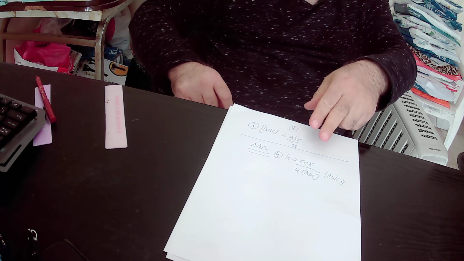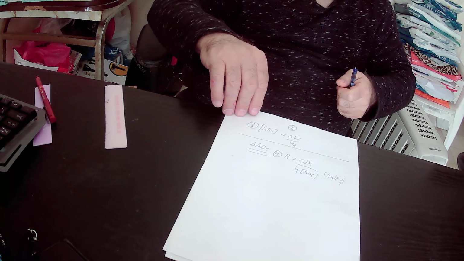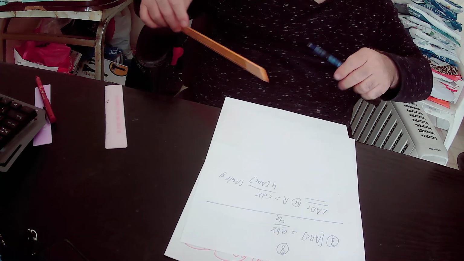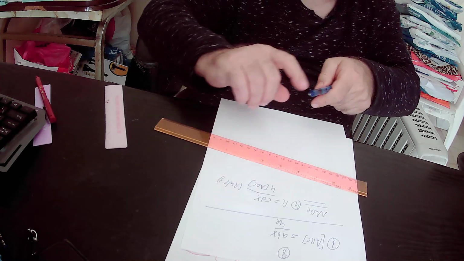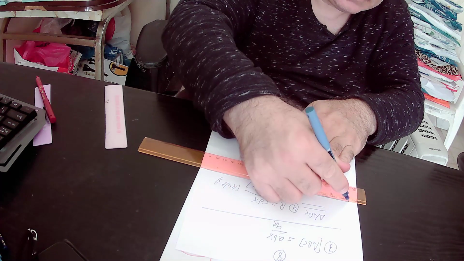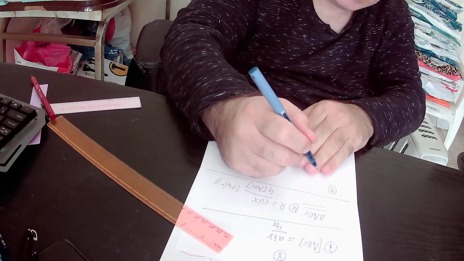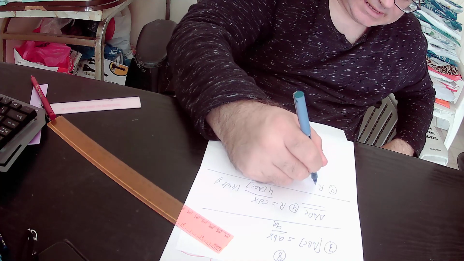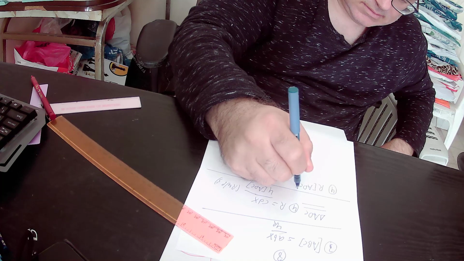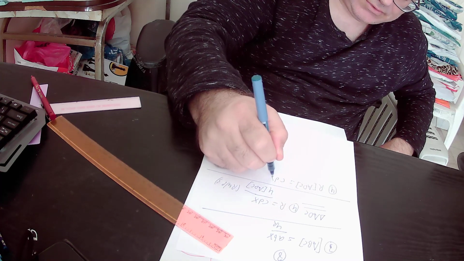Here we will multiply equation number 4 by the area of triangle ADC, and we will get that R times the area of triangle ADC equals CDX over 4.